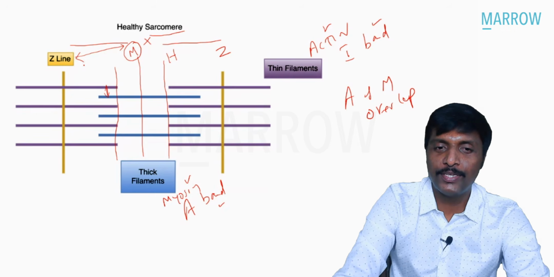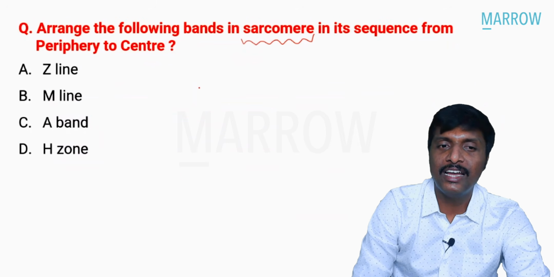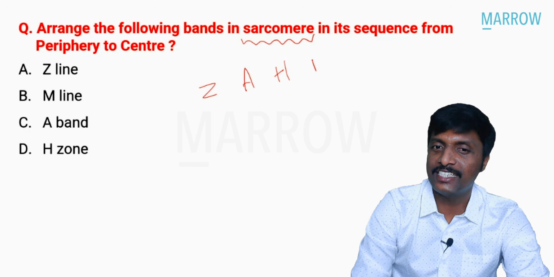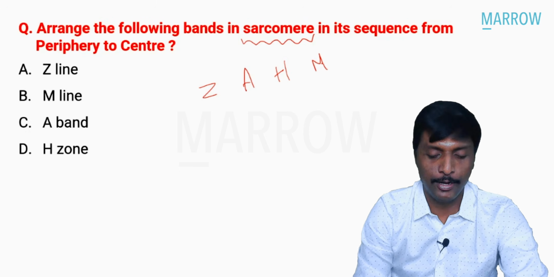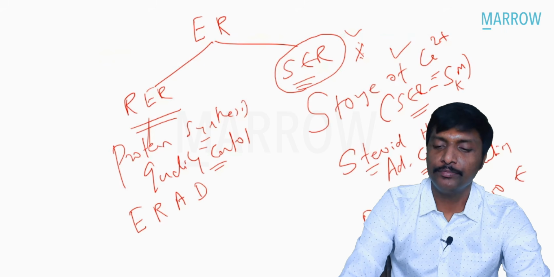Now let's go back to the question. Arrange the following bands from periphery. So Z, next is A, next is the H zone, next is the middle M line. So it is in that order: Z, A, H, M. Now look into the question.